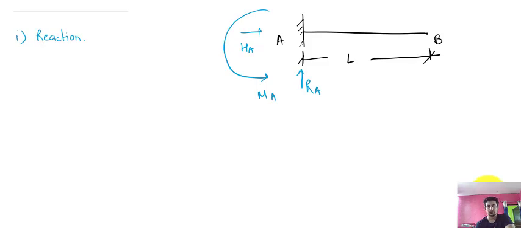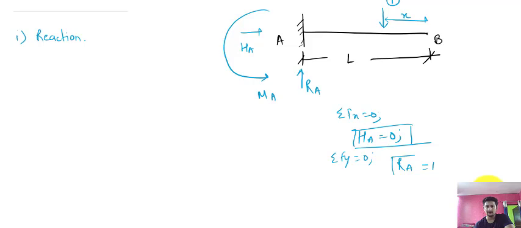First of all we need to calculate the values when there is a unit load acting here. Okay, when the unit load is acting somewhere here, suppose this is distance x. Now summation Fx equal to 0, the first equation, from here we will get Ha equal to 0, and second will be summation Fy equal to 0, that will give Ra equal to 1. Now we have got the values of Ha and Ra, and we will get the value of Ma.